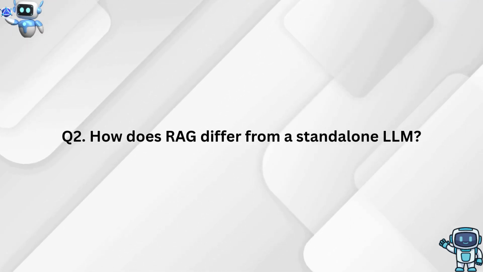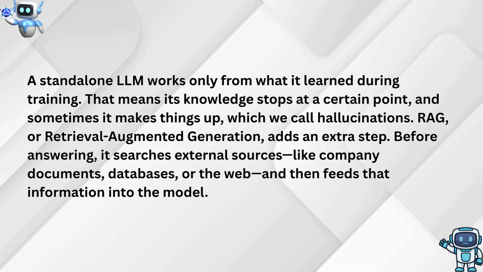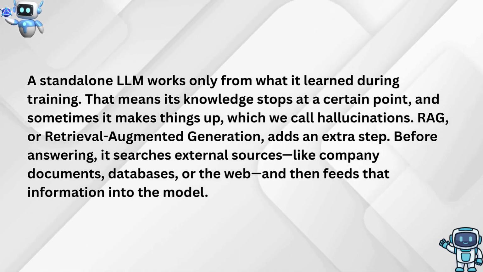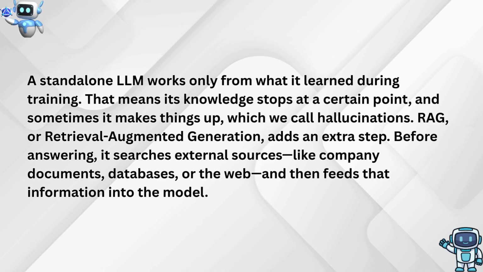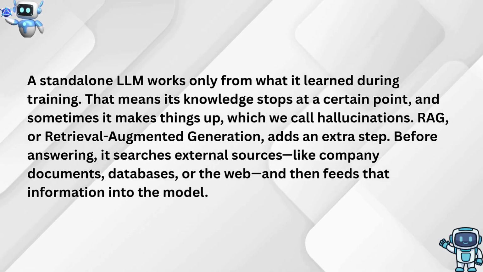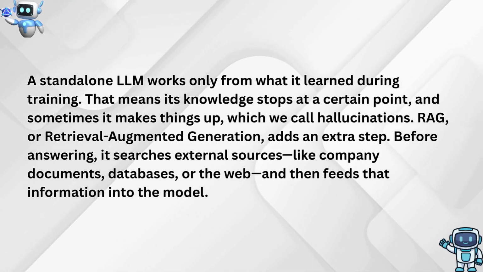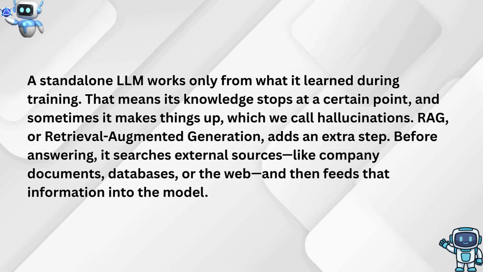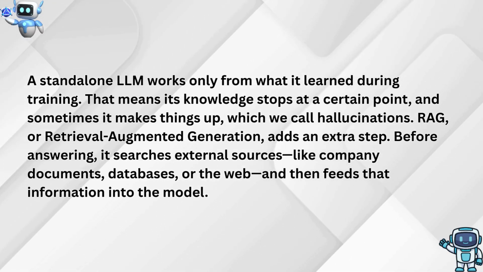How does RAG differ from a standalone LLM? A standalone LLM works only from what it learned during training. That means its knowledge stops at a certain point, and sometimes it makes things up, which we call hallucinations. RAG adds an extra step.